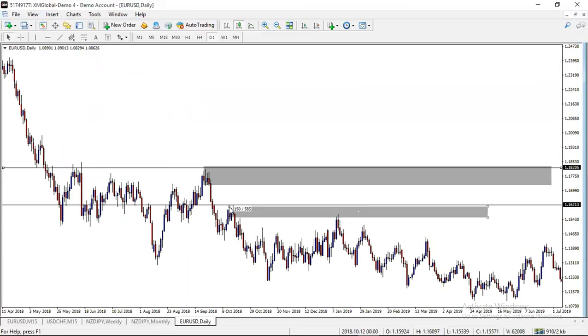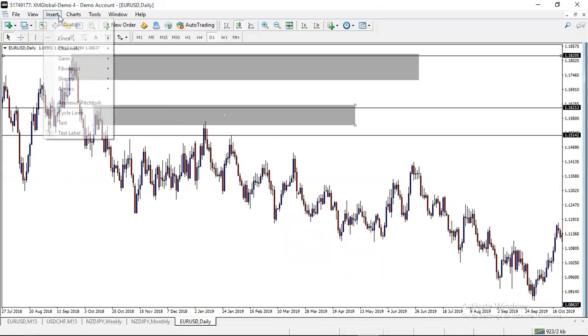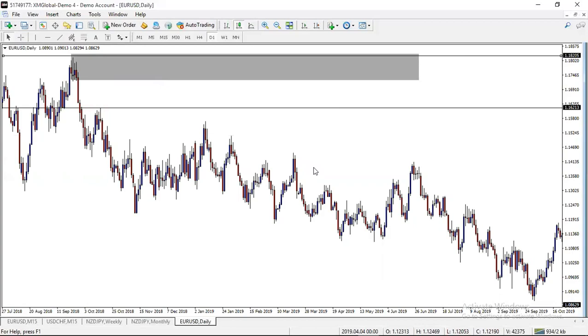You can see where price is reacting. It's reacting exactly there. There's another one. Didn't retest. Mark it like this, and you get a reaction. Something like this.